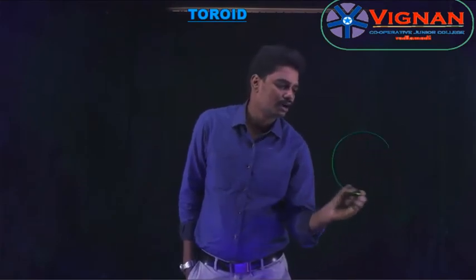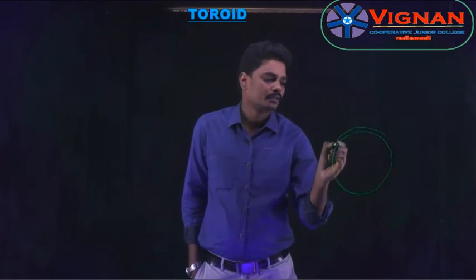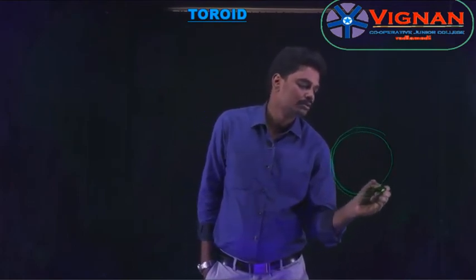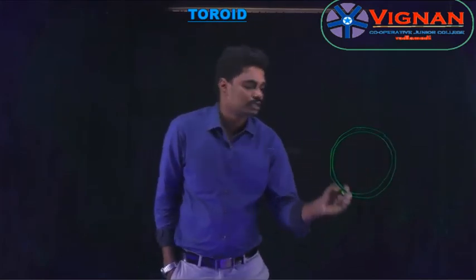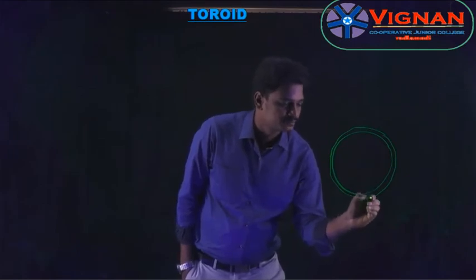Now, when the wire is wound over a hollow circular shell, it looks like this. Consider a non-conducting hollow circular shape. Over this hollow circular shape, a wire is wound like this.